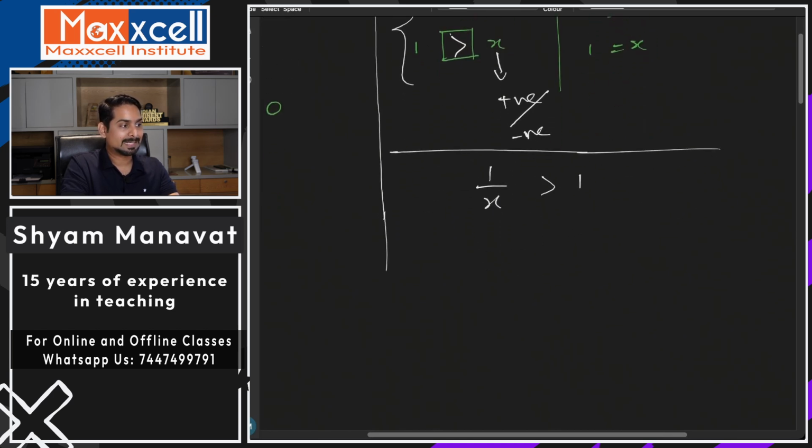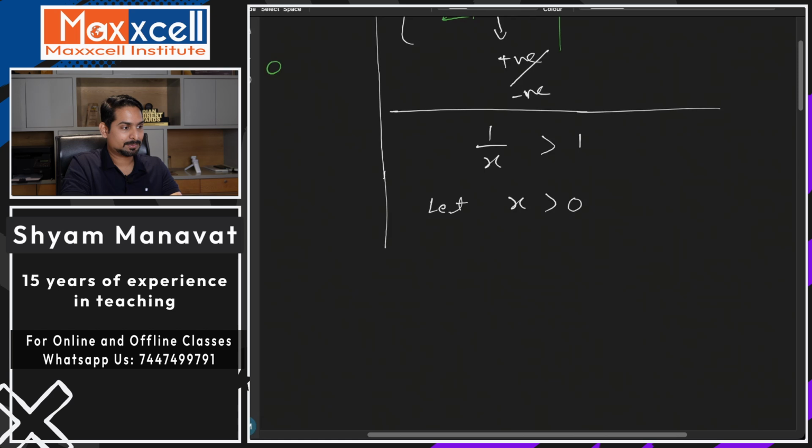Now to solve this, as we discussed, we should be aware about the property of x, whether it is positive or negative, before we multiply to the other side. Now I want to multiply this to the other side considering x to be positive, more than 0, right?